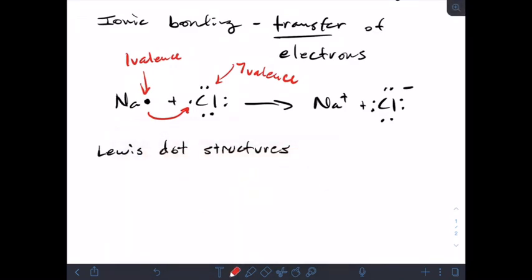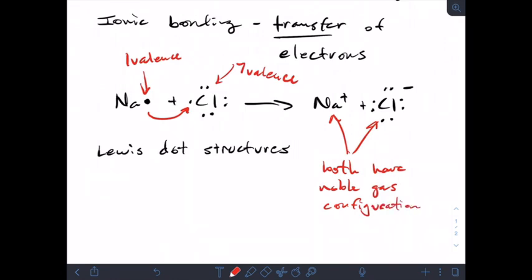And the important thing about that is that now both of these have noble gas configuration. Okay?